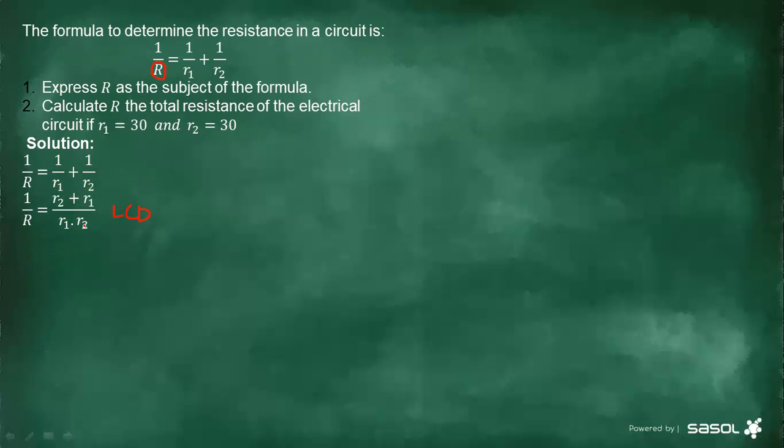Then 1 times R2 is R2. And then R2 cancels R2, we are left with R1. Then R1 multiplied by 1 is R1. Then we cross multiply, and after cross multiplying you divide, and this is what we are going to obtain. So that is the answer.